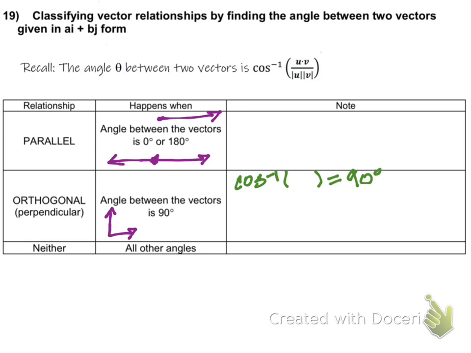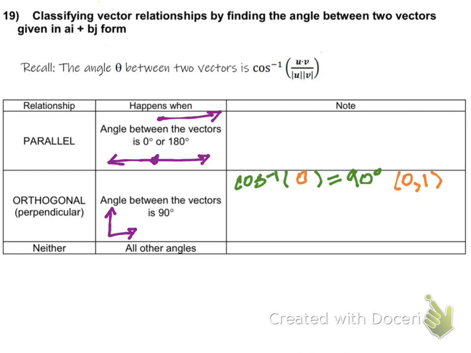What's the ordered pair at 90 degrees? 90's at the top, right, of our unit circle. So the ordered pair at 90 degrees is (0, 1), right? So that means the cosine value must be 0. It's the inverse cosine of 0 that is 90 degrees.